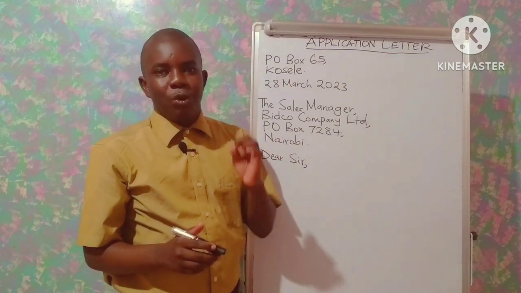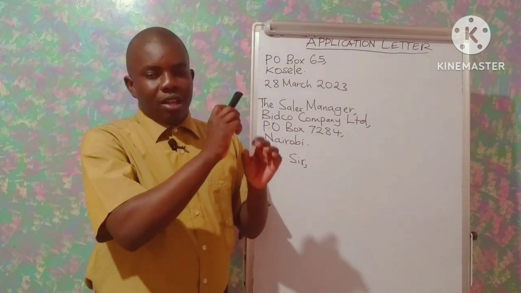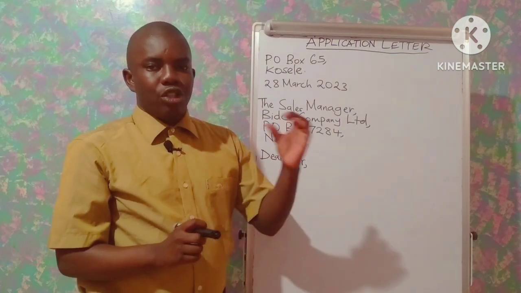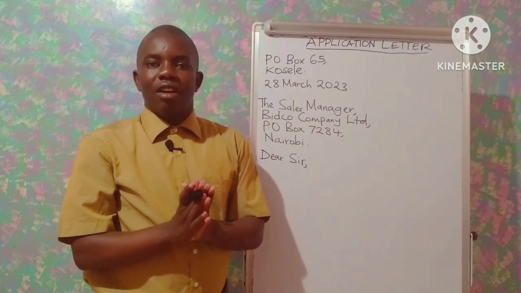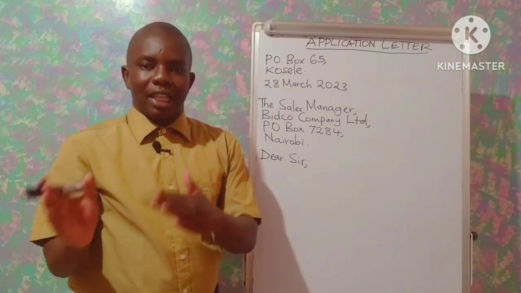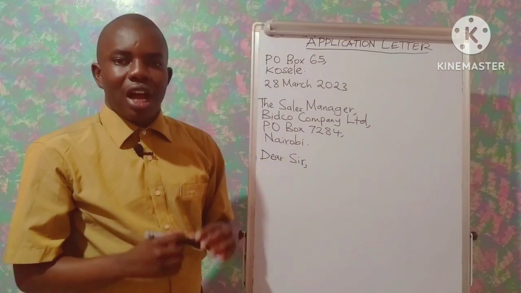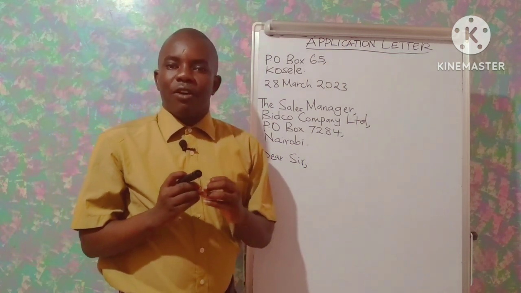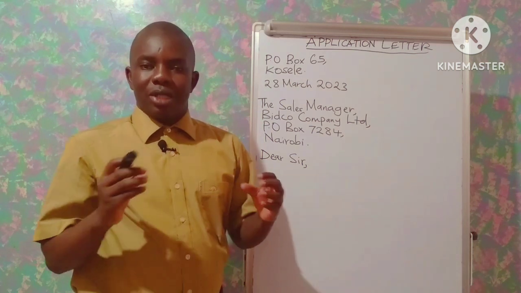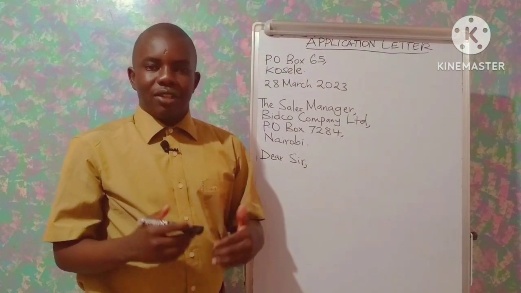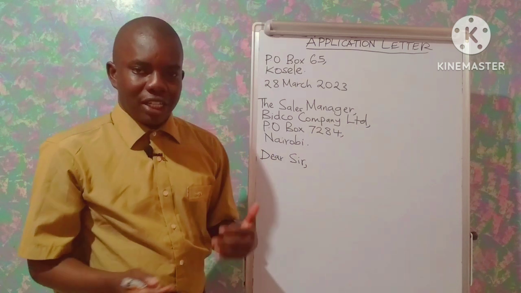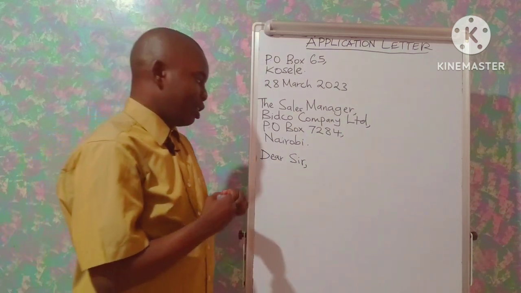Salutation begins with the word dear, followed by sir, then a comma. After that, you are going to put down the subject, the reason, the justification for writing this application letter.